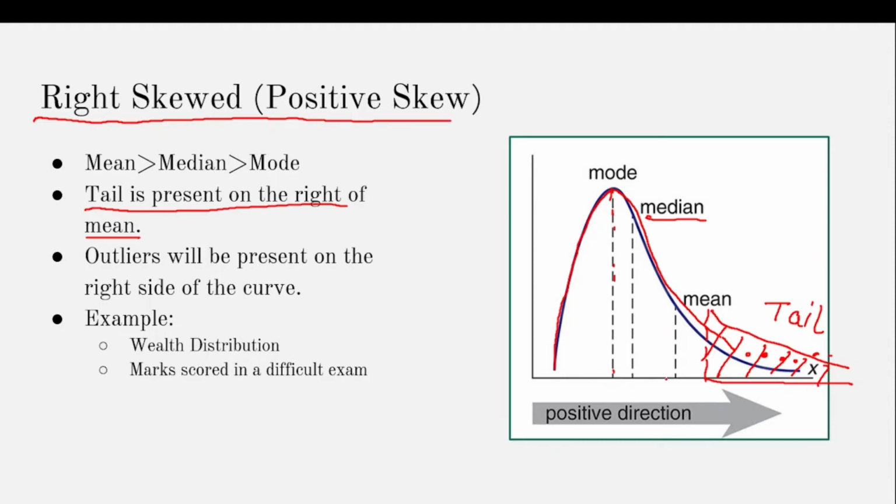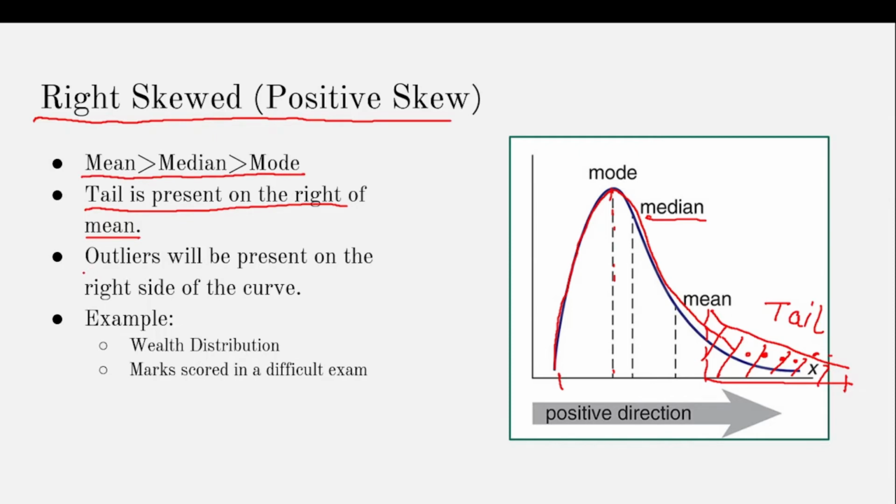Because of the presence of outliers, I have a wide range of data. Because of this, the center point will shift a bit to the right, and hence I'll get the median, which is greater than mode. The value of mean is again affected by outliers, and hence it will get shifted more to the right. So for a right skewed distribution, mean is greater than median is greater than mode.